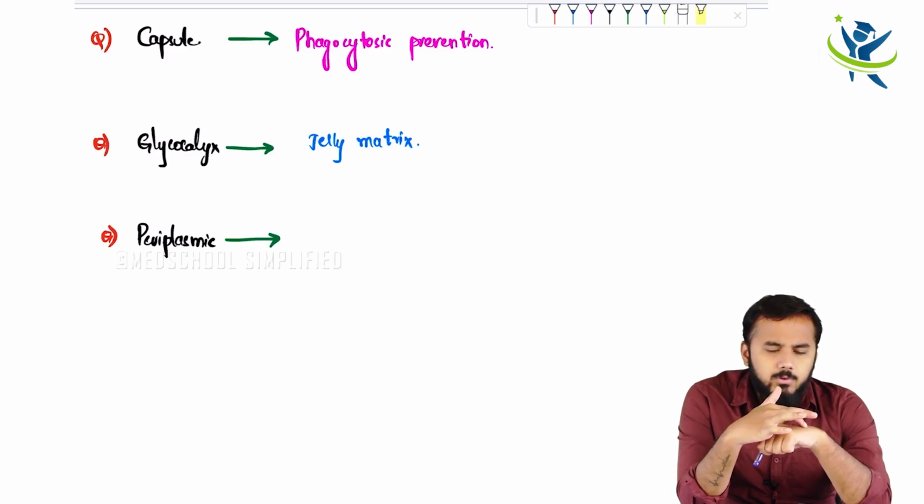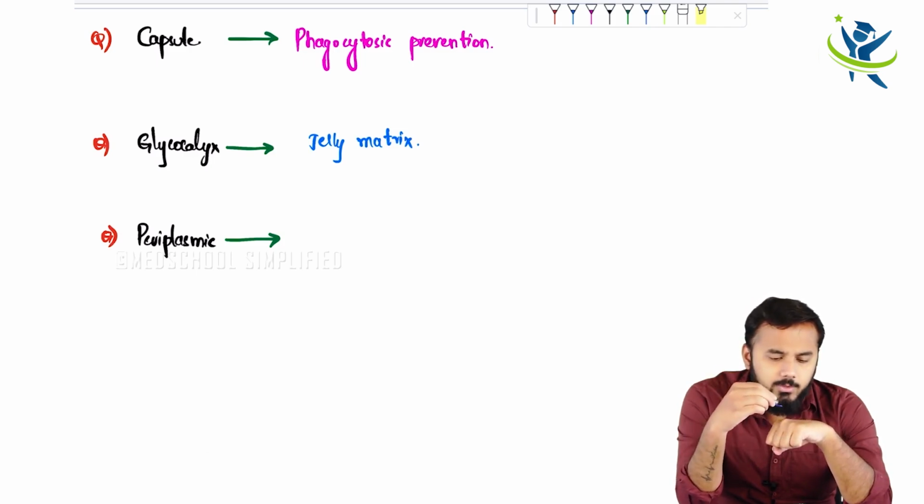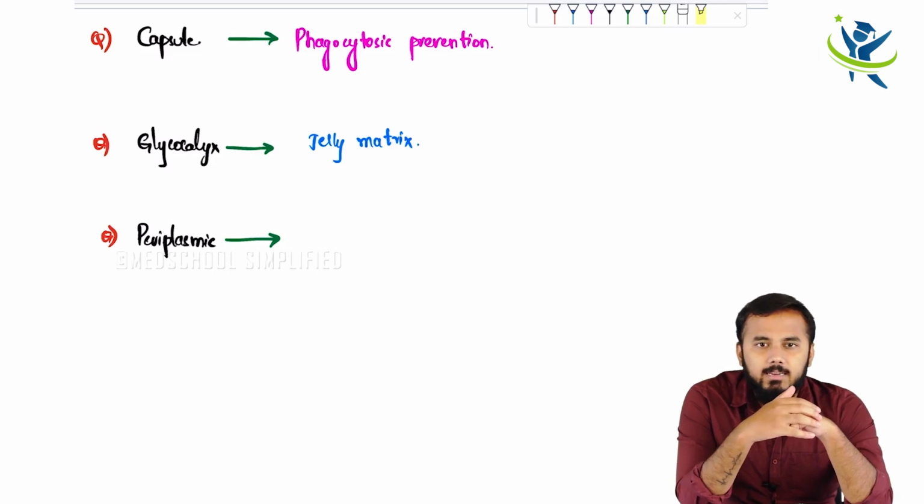It is a normal flora on my skin. Now when you are trying to insert a cannula, a needle into my skin, what will happen is this Staphylococcus epidermidis has glycocalyx, so it will very easily jump onto that needle and stick to that catheter, that device, any hospital device it might be.